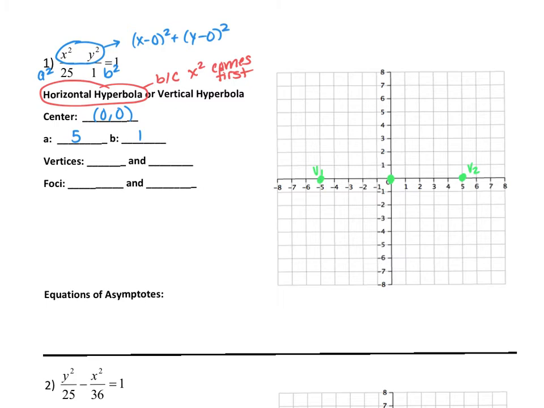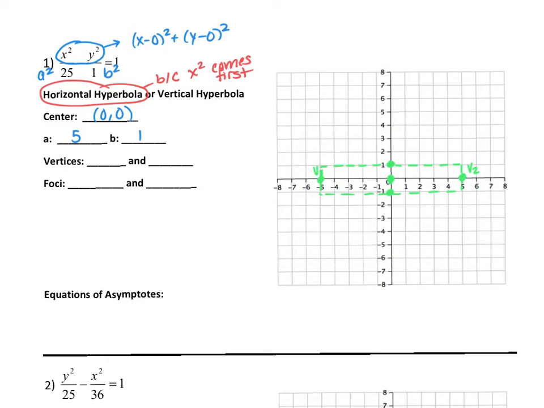The B value will help us create this box. Since the B value is 1, we're going to go up 1 from the center and down 1 from the center. I'd like to connect all of these points, the vertices and the B1 and B2 values, and create a rectangular box centered around the center point. And this will help us create our asymptotes.